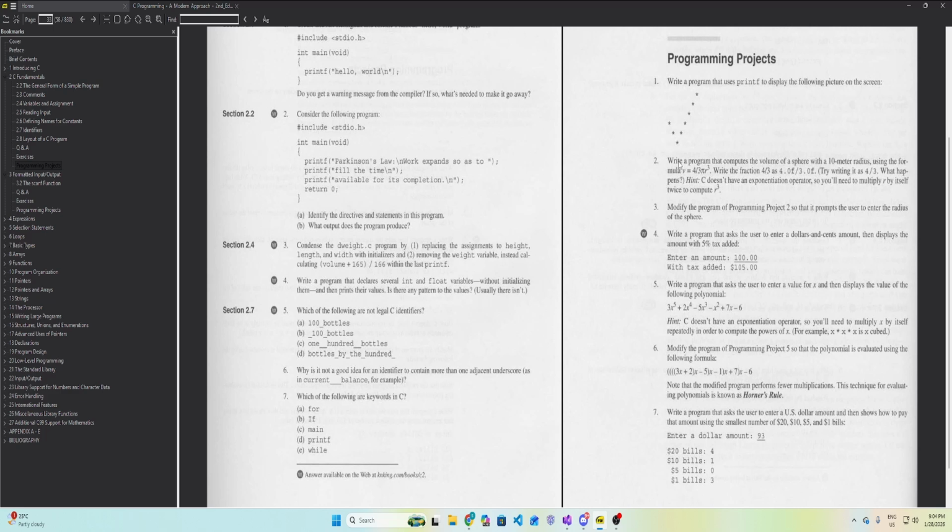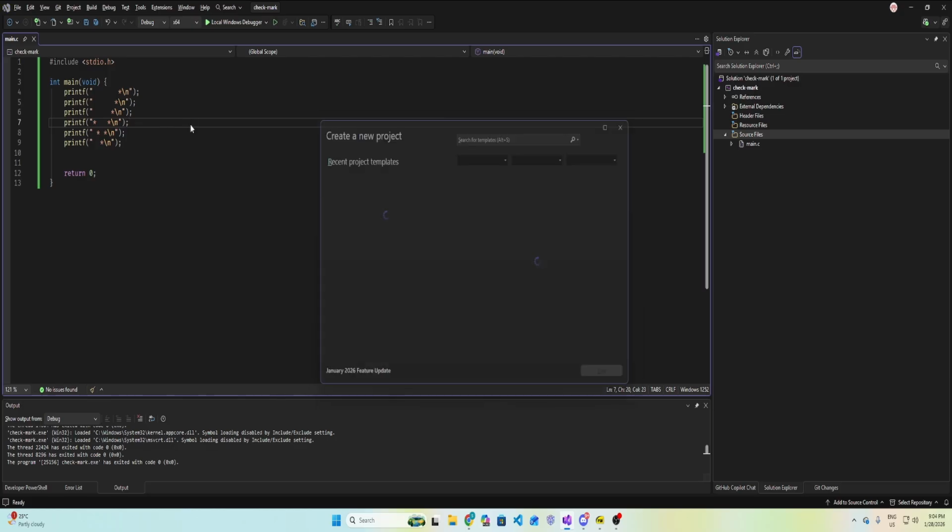Second project, write a program that computes the volume of a sphere with a 10-meter radius using the formula volume is equal to the fraction. Okay, so let's make a new project.